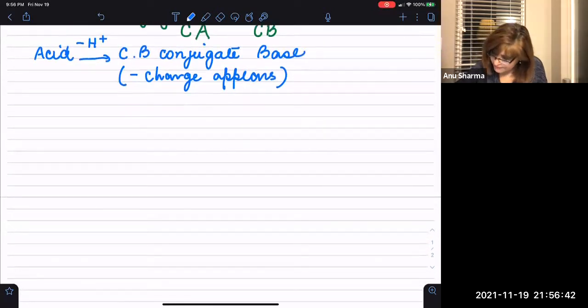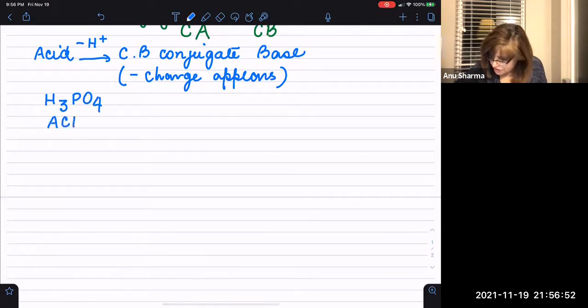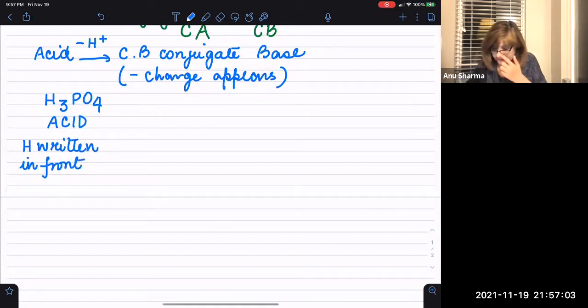So look at this here, H3PO4. This is the acid because hydrogen is written in front. So we already discussed that. So that's the acid, okay?